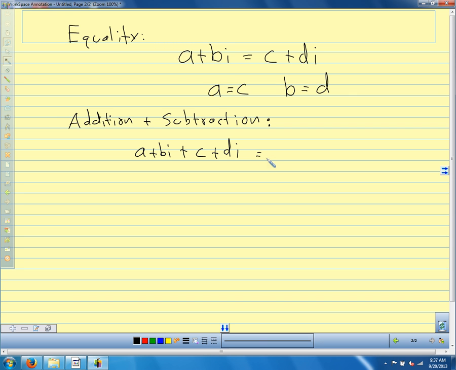What's going to be the real part of the answer? a + c. a + c is my real part. And what's going to be the imaginary part, the part that goes here with the i? I'm just going to leave the i out here, so just b + d.